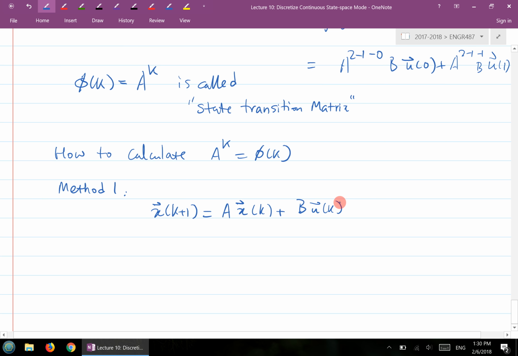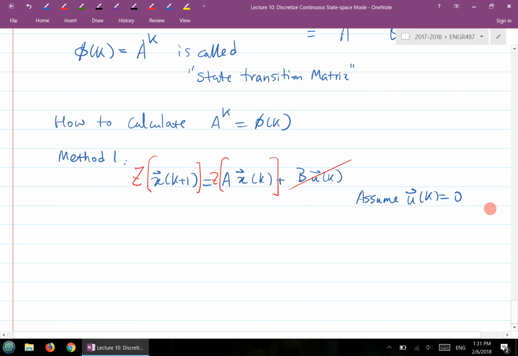And I'm going to assume my input to be 0. Then we will take the Z transform of both sides of this equation. Because the input is 0, that term will be gone. So I'm going to take a Z transform of both sides right here.